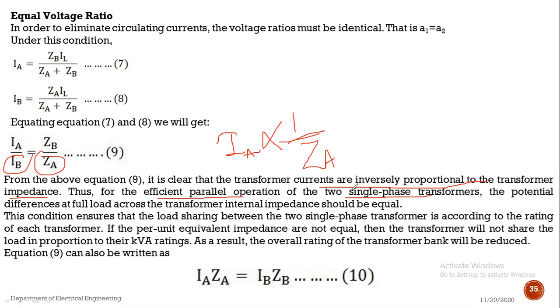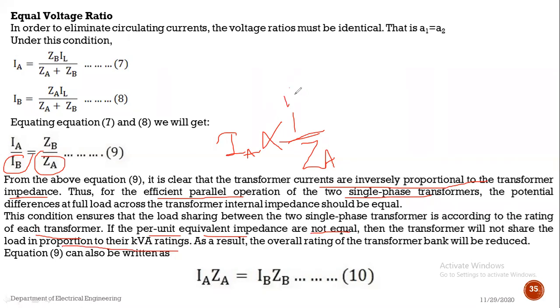Now this condition ensures that the load sharing between the two single phase transformers is according to the rating of each transformer. The load share should depend upon its individual rating. If the per unit equivalent impedances are not equal, then the transformers will not share the load in proportion to their kVA rating.